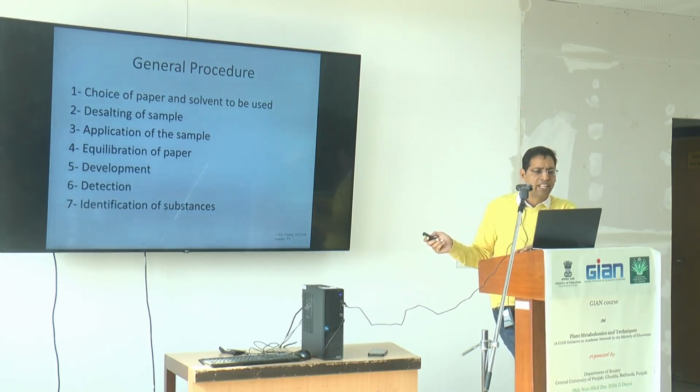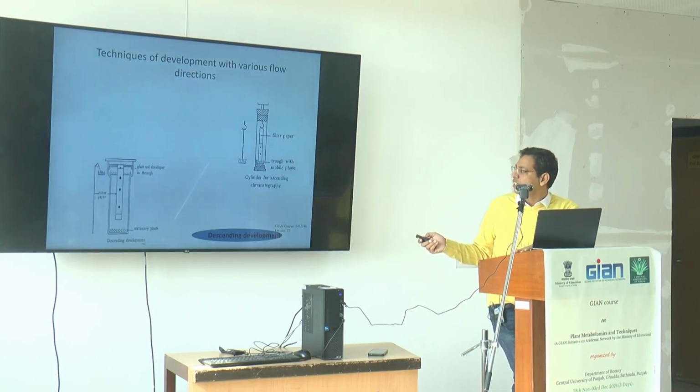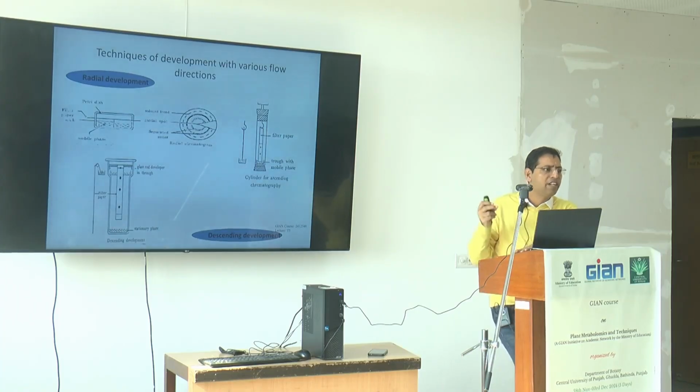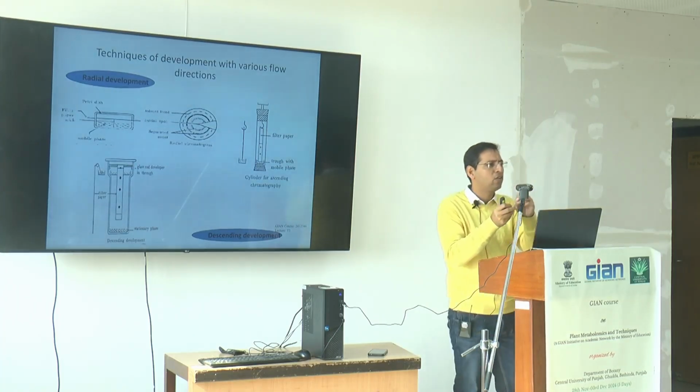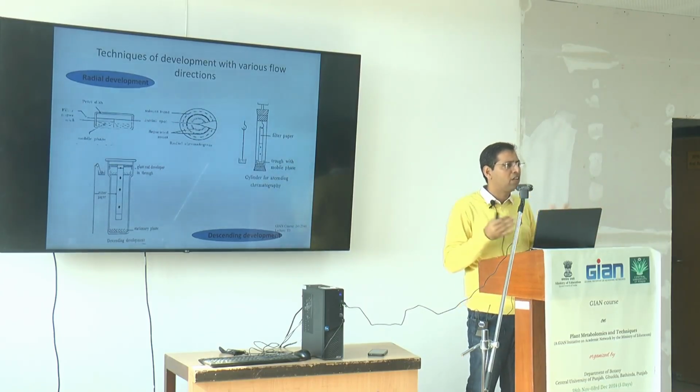There are many techniques that come up here, and they depend on the types of paper. The first one is radial development, the second is descending development, and the third is ascending development. Radial development means you put your chemical at the center and it spreads out like a radial, which gives better separation of the metabolites.